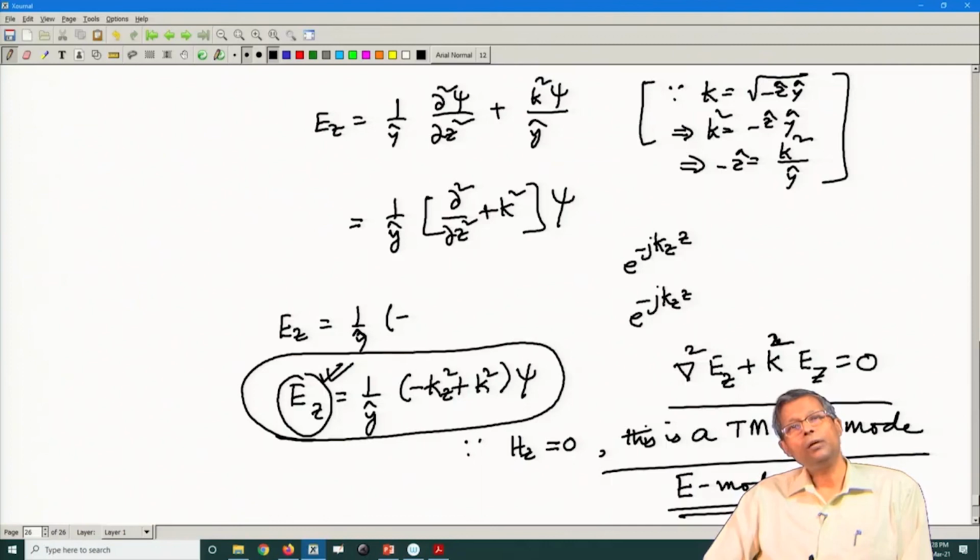So, like the TM to Z mode, if I had chosen A equal to Ux psi, I would have come to the TM to X mode, where Ex is 0, or if I had chosen A equal to Uy psi, I would have come across the fields of the type which are TM to Y, in which Hy is 0.